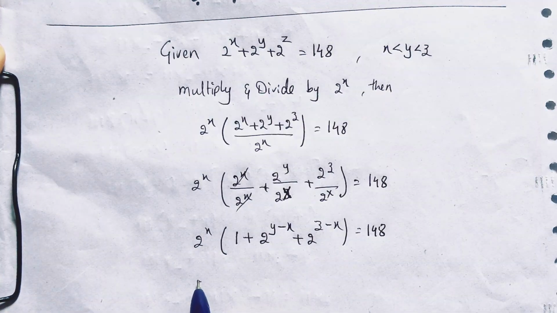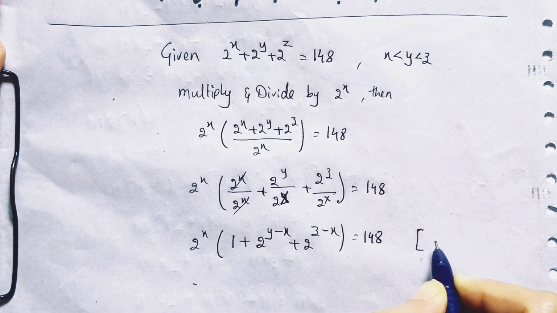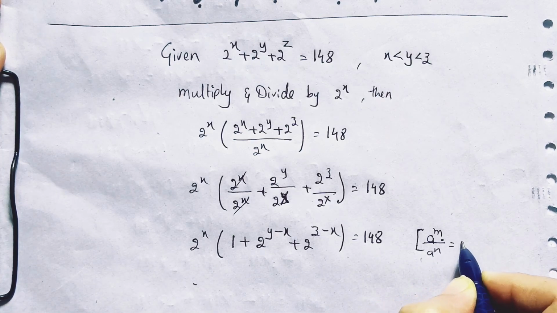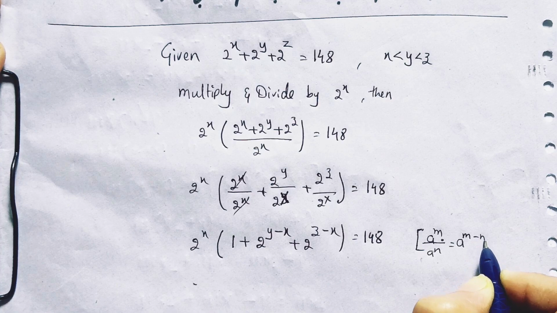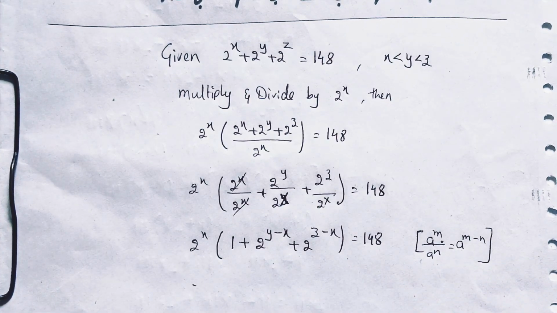Just look here. Do you know how it came? We know one formula: a^m / a^n = a^(m-n). According to this formula, we have written this part.